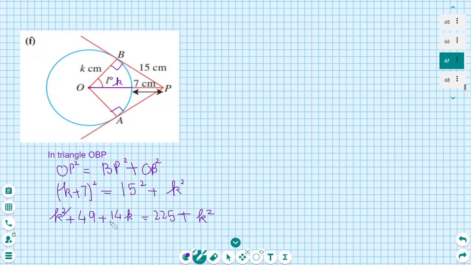So K square cancelled. K square minus K square is 0. So we're left with 14K, and shift this 49 as well towards the right hand side. So 225 minus 49.